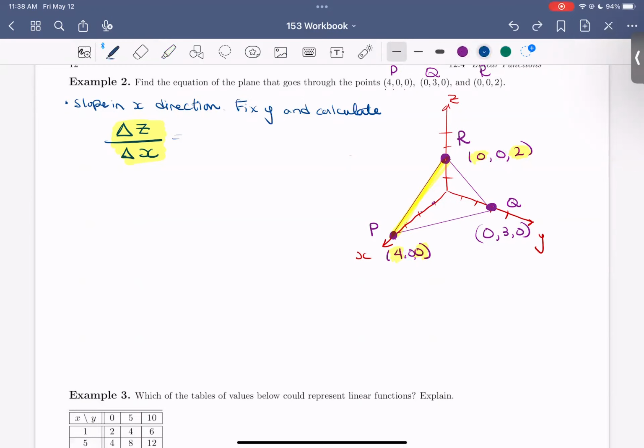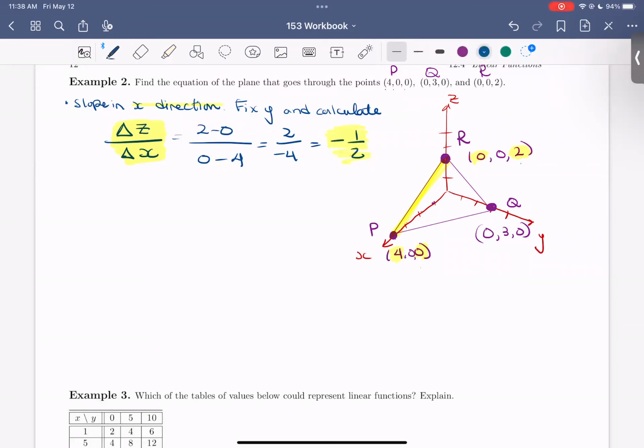The change of z would be 2 minus 0. The change of x would be 0 minus 4. It works just like when we're looking at lines in a plane: we subtract the corresponding components of each point. If we started with R, then we need to have the R z and the R x come first. 2 minus 0 is 2, 0 minus 4 is negative 4. So we get negative 1/2 for the slope in the x direction.